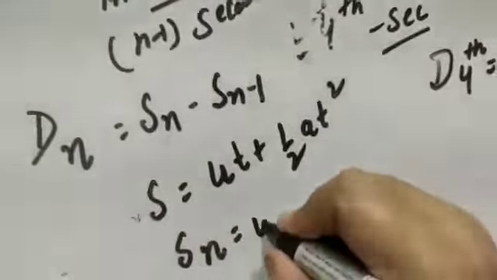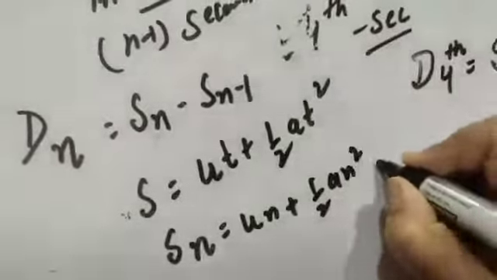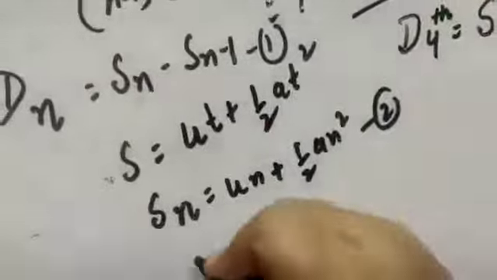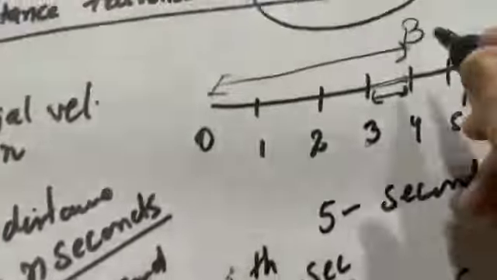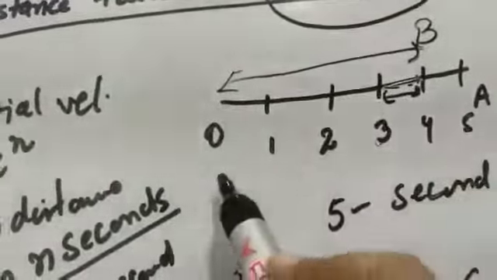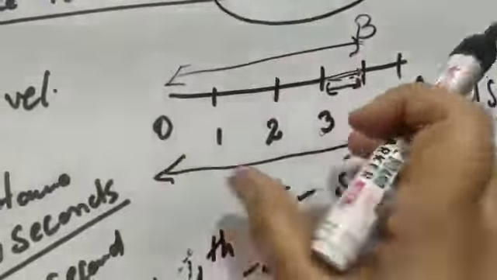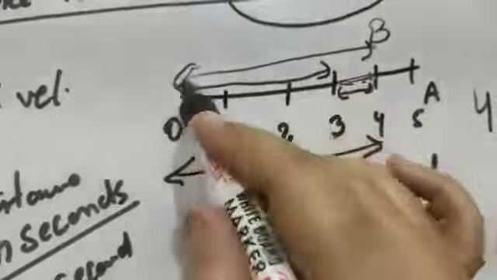So Sn equals un plus half an square, give it number 2, and dn equals Sn minus Sn minus 1 is number 1. Similarly we can write Sn minus 1, the distance traveled in n minus 1 seconds. Coming to this situation, we want to find out this. Firstly we will find out S4, the distance traveled in 4 seconds, and then we find out S3, the distance traveled in n minus 1 seconds.